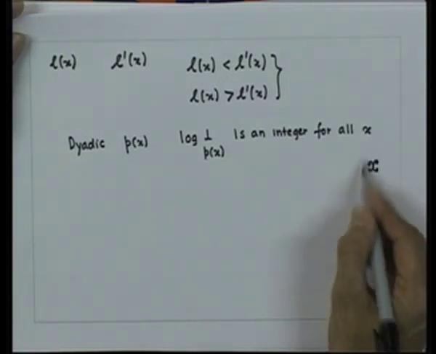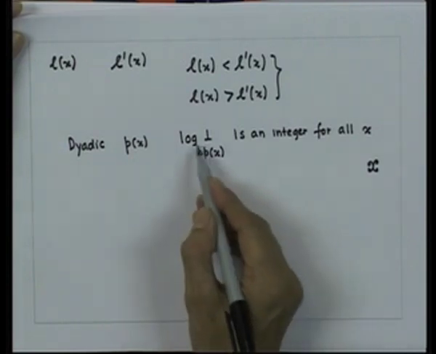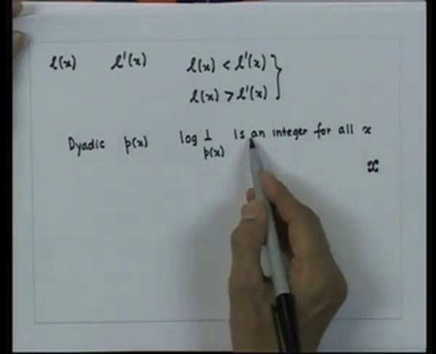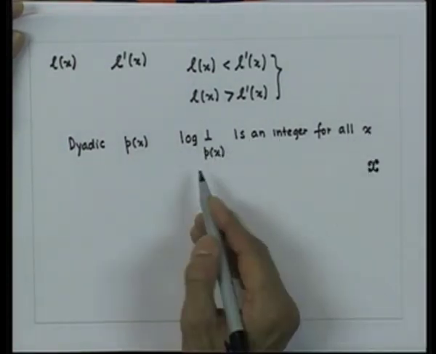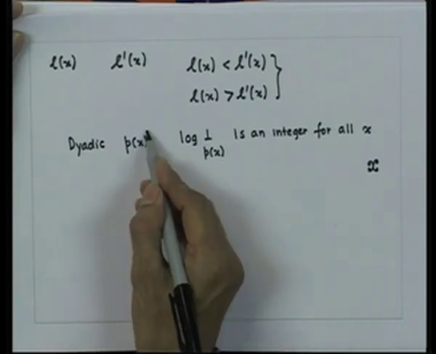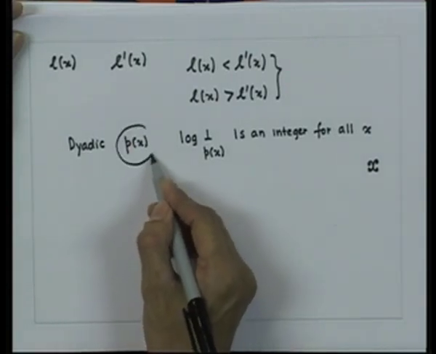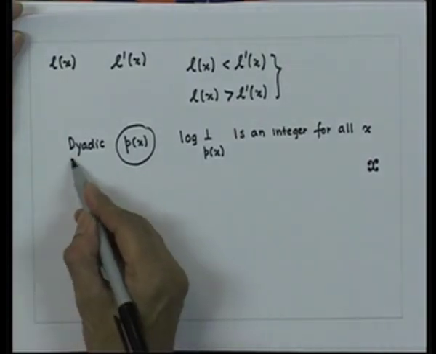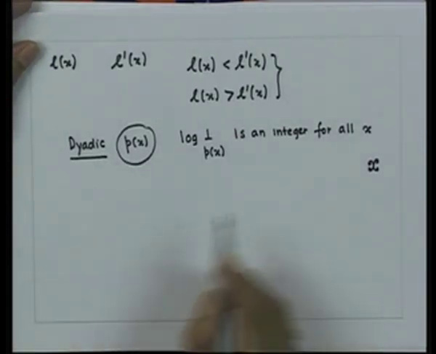So, if log of 1 by p x is an integer for all x, then the probability mass function given by p x is known as dyadic.